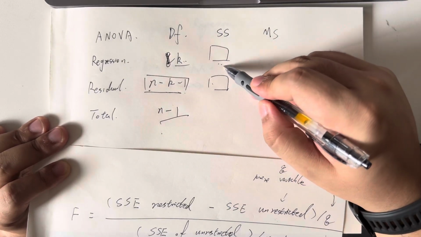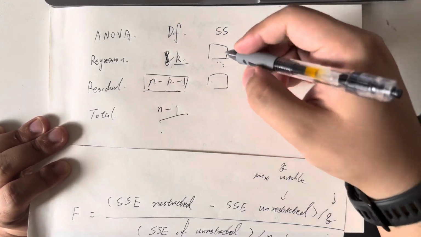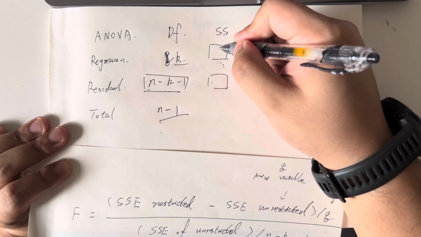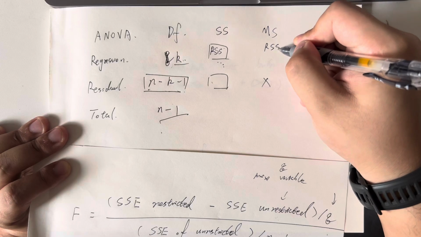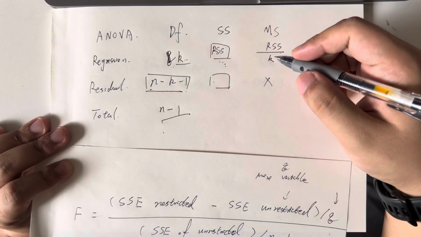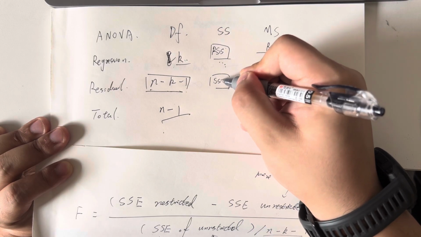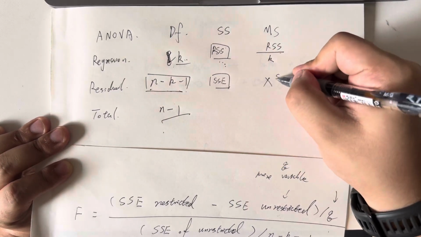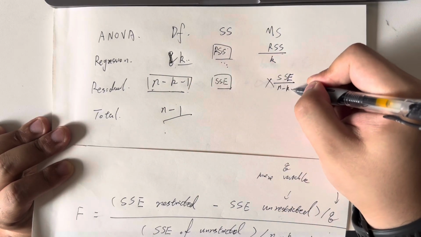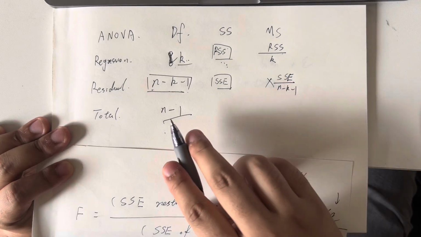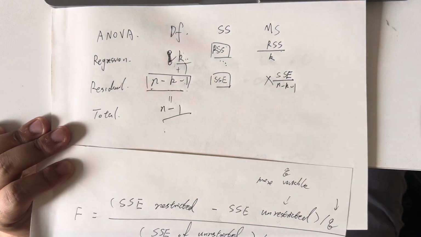Mean means you divide the sum of squares by the degree of freedom. For example, the mean regression sum of squares is the regression sum of squares divided by k, and the sum of squares of residual is divided by n minus k minus 1. Then these two add up to n minus 1.